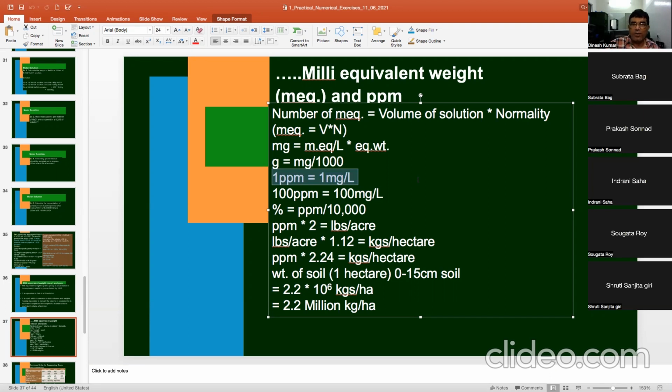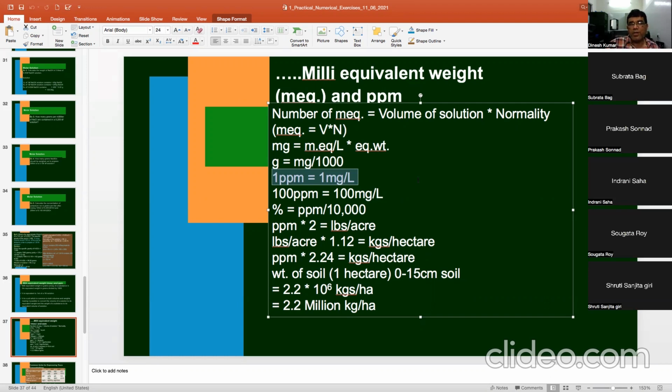If you have data or concentration in ppm, you can convert to percentage if you divide it by 10,000. Or percentage can be multiplied by 10,000 to get the value in ppm. Multiply the percentage with 10,000, you will get data in ppm.